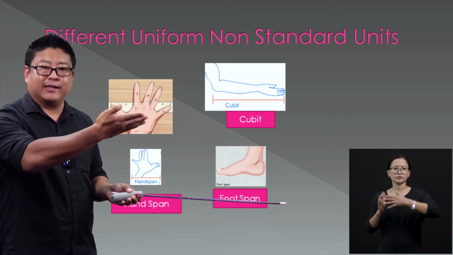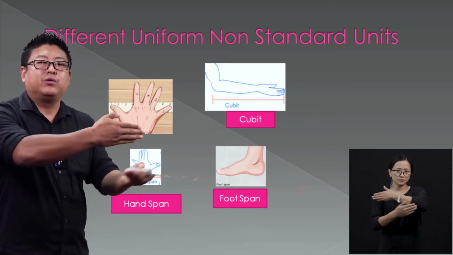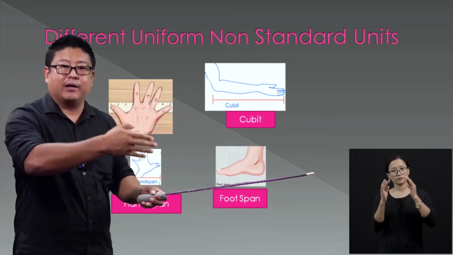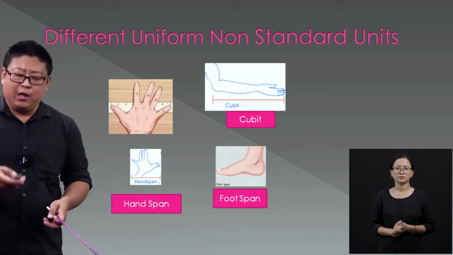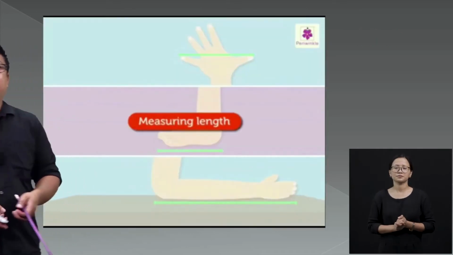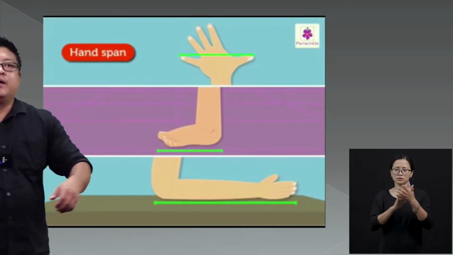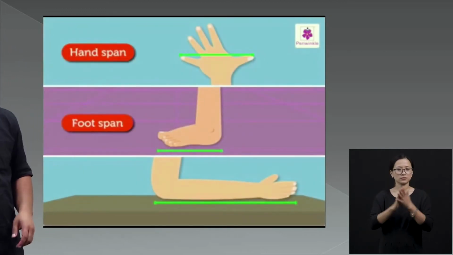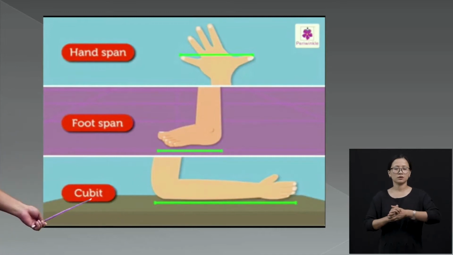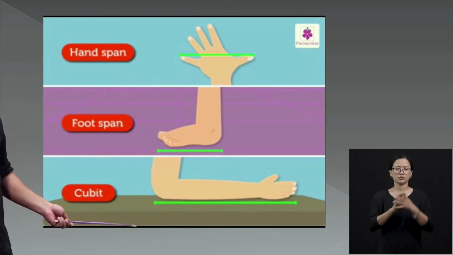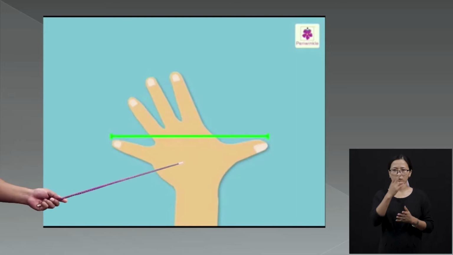It looks something like this. Now, these are the three methods that we have heard so far: the hand span, the foot span, and cubit. Now let's look at all of these one by one.